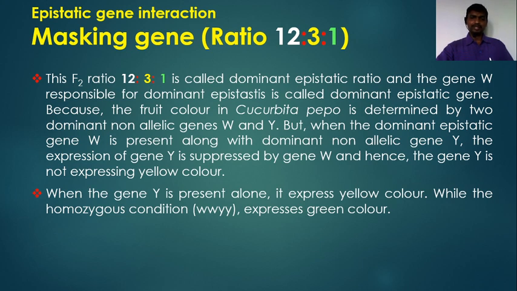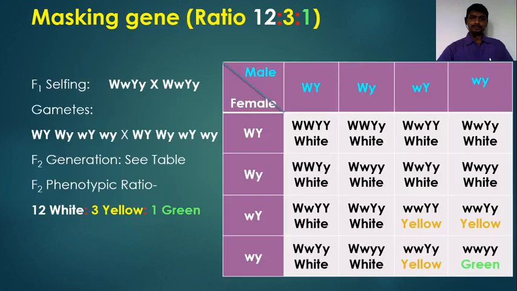Okay, so that we saw in the checkerboard also. Here also this small w w, capital Y Y, because of the presence of the recessive gene w, this Y gene gets expressed because it is dominant, and there is nothing to mask this Y gene. There is no dominant W gene for masking the phenotypic expression of dominant gene Y. So the yellow color has appeared in the individual.